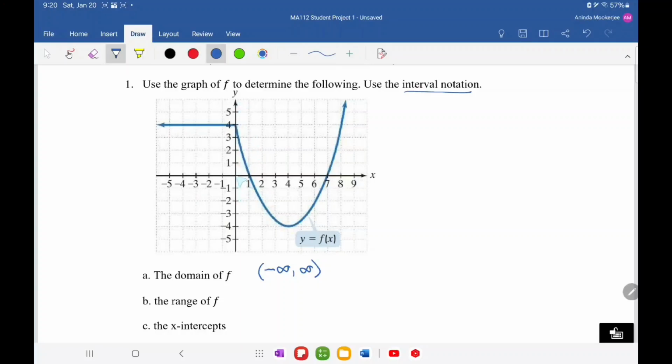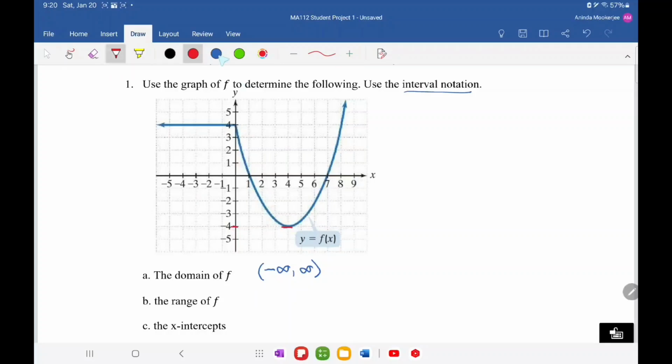However, on the negative y-axis, the graph goes down to -4, and then it starts increasing. So the lowest point that the graph reaches is y equals -4. That's the smallest value that y can take.